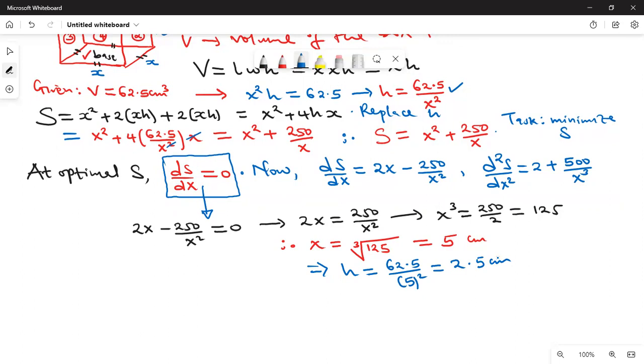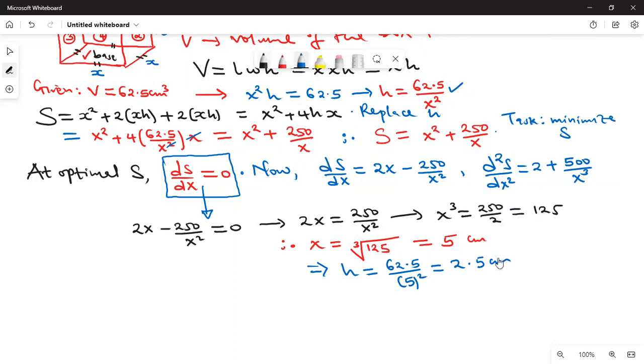We don't know whether the values that we have found will be able to give us the minimum surface area. You are not sure yet until we test using the second derivative test that surely the values that you have found for x and h are the values that will give us the minimum surface area of that open box.